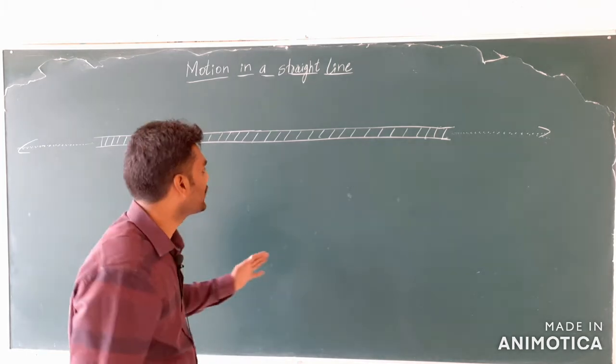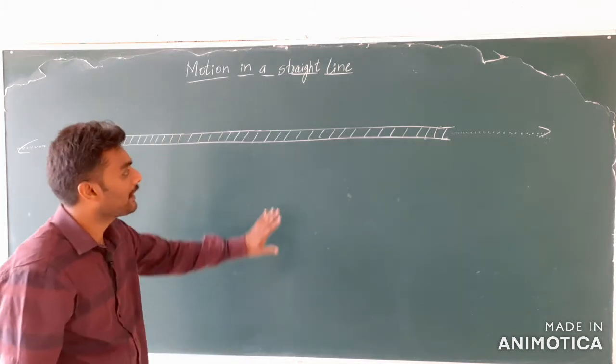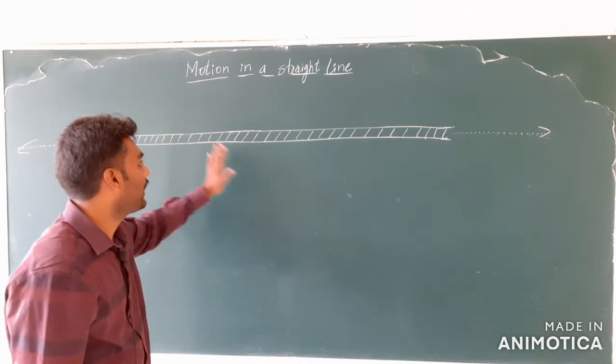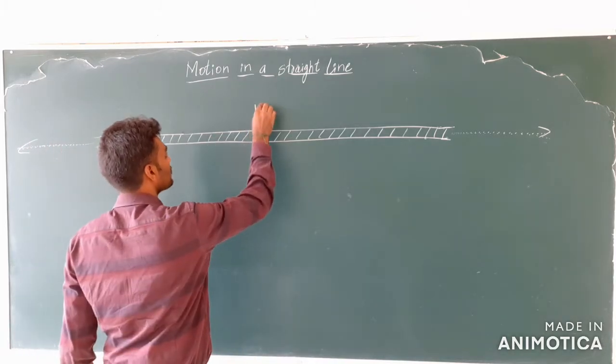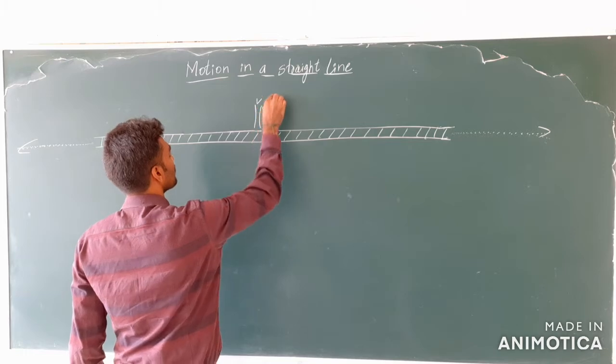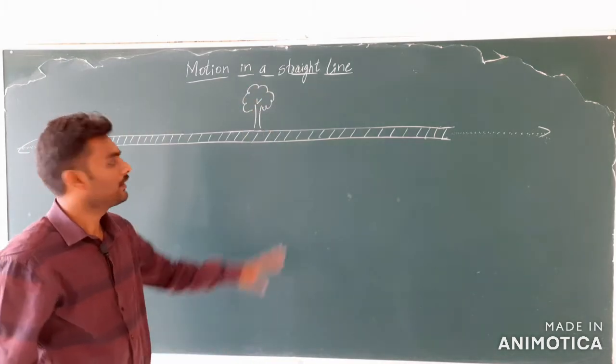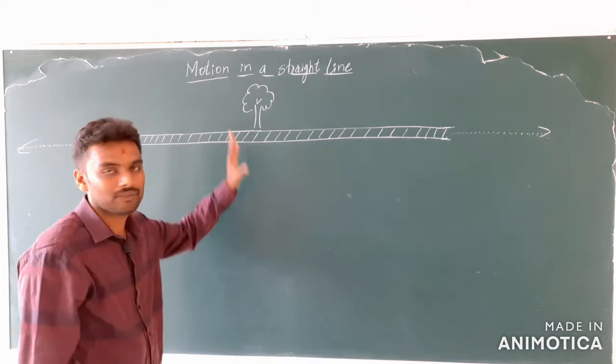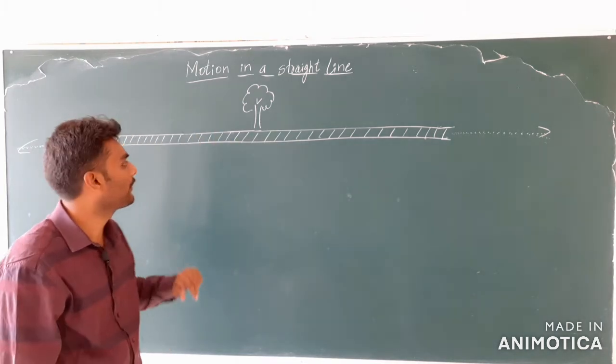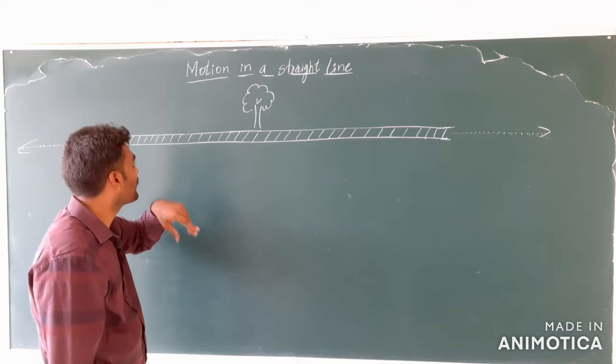Now you are the observer, standing here, and except for this railway track and a tree here, you do not have anything else in the surroundings, or in the given region.